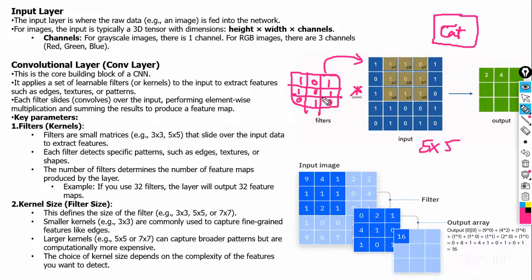You'll fix the values inside the filter, and this filter will undergo convolution operation. That means this particular matrix will be multiplied with a subset of values. So it just slides on the input image.